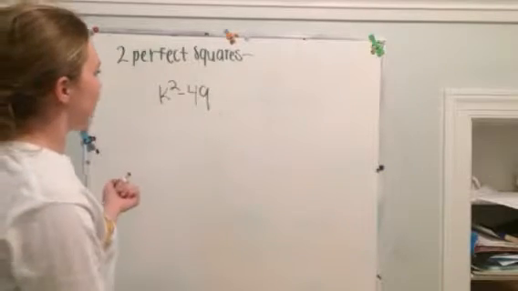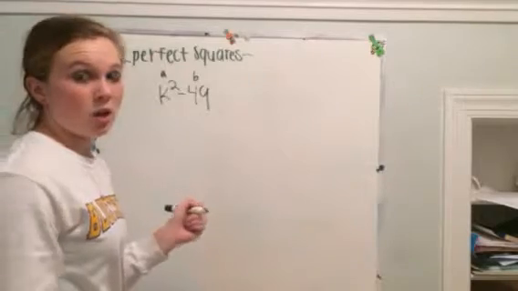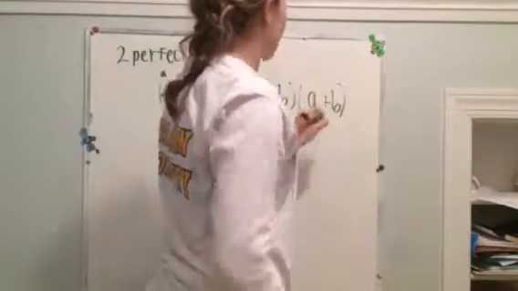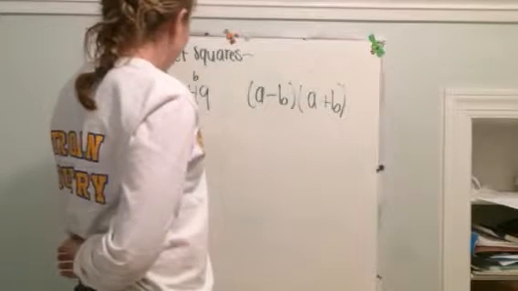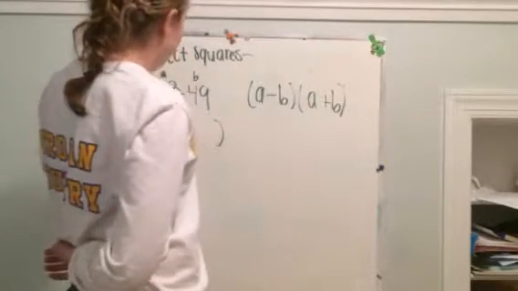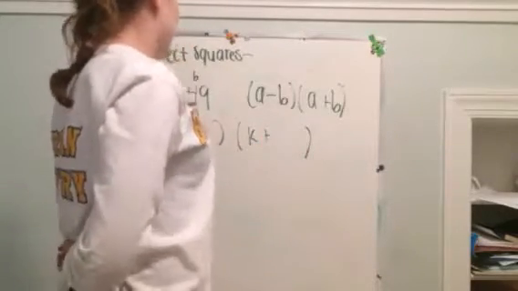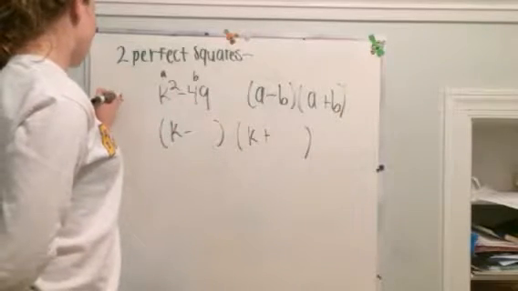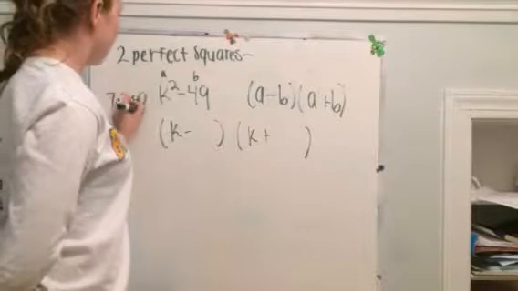What I know is that this is going to be a and that's b, and our equation for the difference of perfect squares is a minus b, a plus b. So a goes right here, so k minus, and then k plus. And so we have to find two numbers that make 49, which we know is 7 times 7. 7 times 7 equals 49.